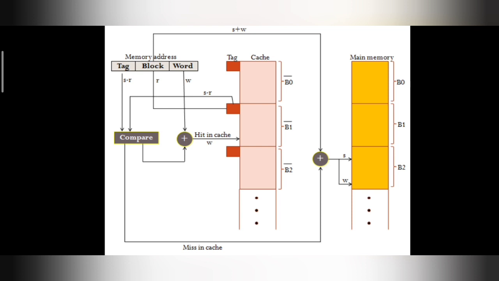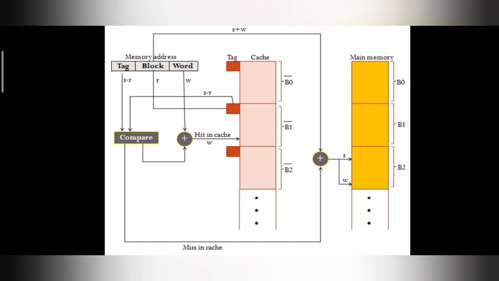R bits are going to specify the cache memory block and the remaining S minus R bits are the tag bits, which I'm going to compare with the tag bits of the blocks, and whichever tag gets perfectly matched, that particular block of the cache memory will be selected and its R bits will be used to access that block, and W bits will be used as a word offset to read a particular data from the cache memory during a hit.